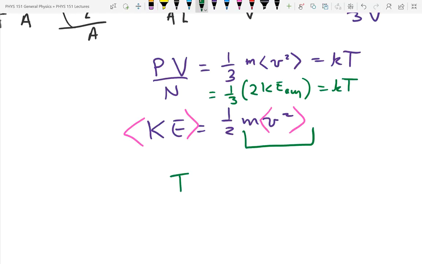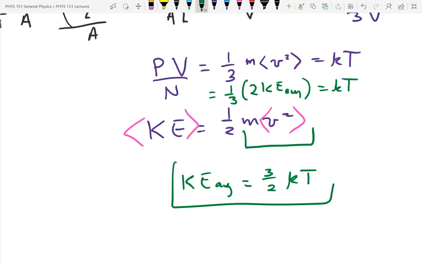So temperature is equal to, well, let's do it the other way. Kinetic energy average is equal to 3/2 kT. There's the outcome I was looking for.